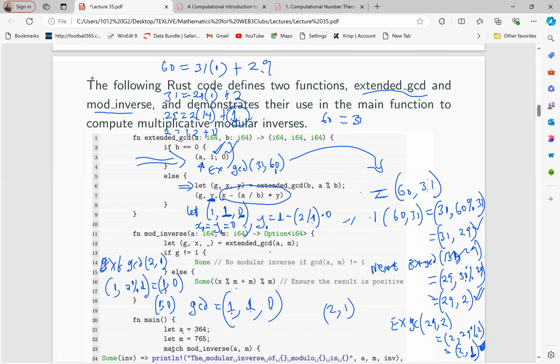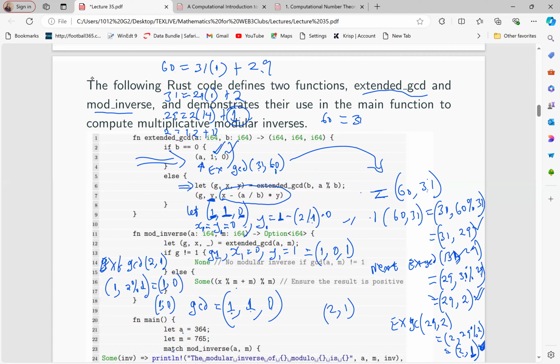So Y becomes 1. So what we now have is that X1 is 0 and Y is 1. But the GCD is still 1. So we are leaving that point with 1, 0, 1.